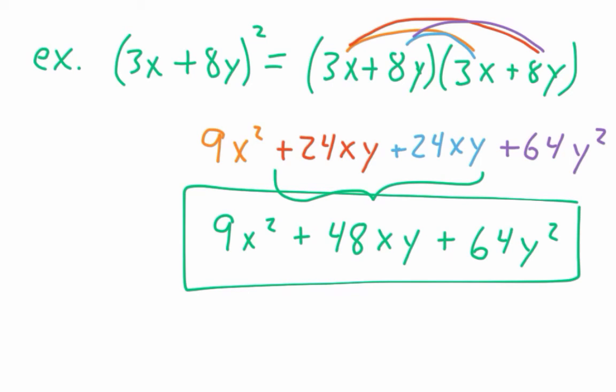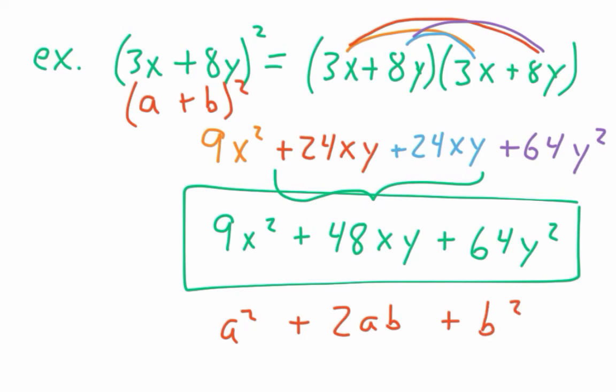What I probably should have been doing is going back to that original term, and you could skip it if you wanted to, but if you wanted to apply what we did at the beginning, (a plus b) squared, our final answer was a squared plus 2ab plus b squared. So if my a is 3x, 3x quantity squared gives me the 9x squared.